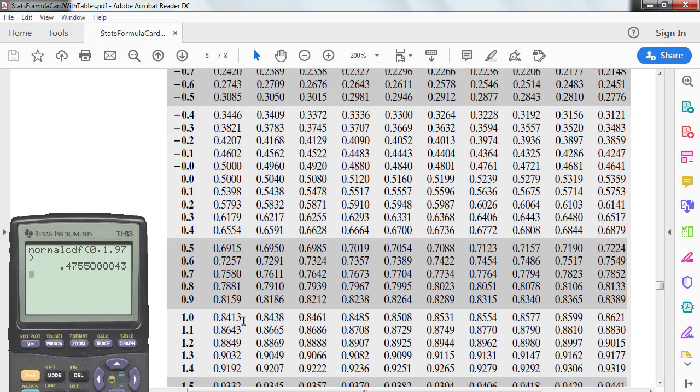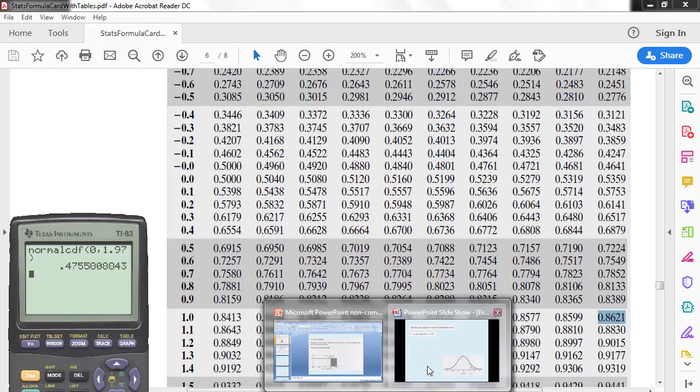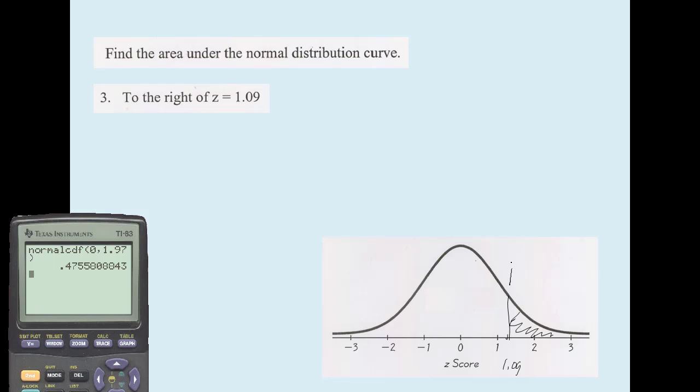So if I look up 1.09, this is the 9's column, the 8 column, 7, 6, 5, 4, 3, 2, 1, and 0. So 1.09 is 8621. So I want to go back to my picture, and so 8621. So this area over here is 0.8621, that area to the left.